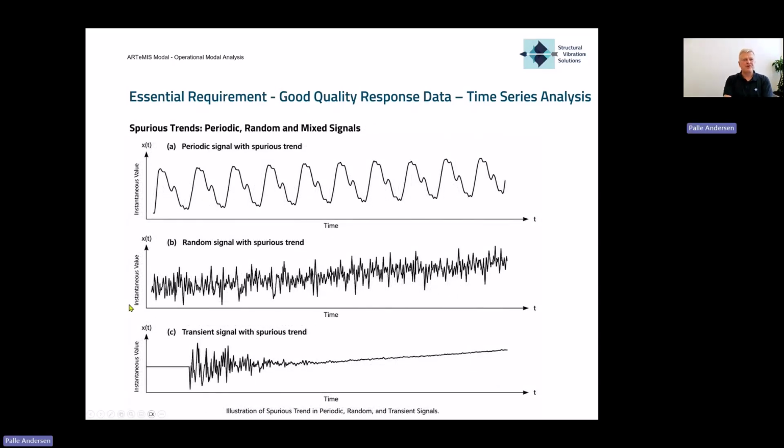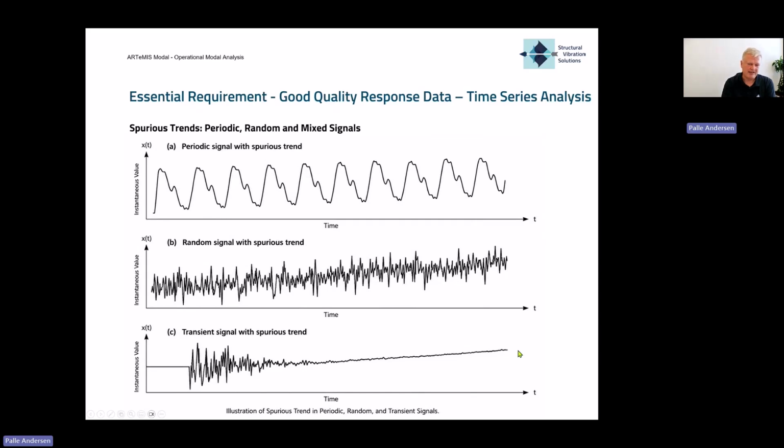Then we have something called trends. They can be either linear trends, or it can be some kind of growing or decreasing trend of the signal. Here in this case, it's a kind of growing trend. We can see it best here in the transient signal that the mean value seems to be actually growing like this.